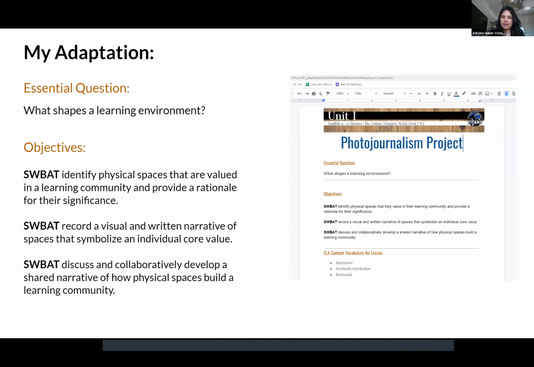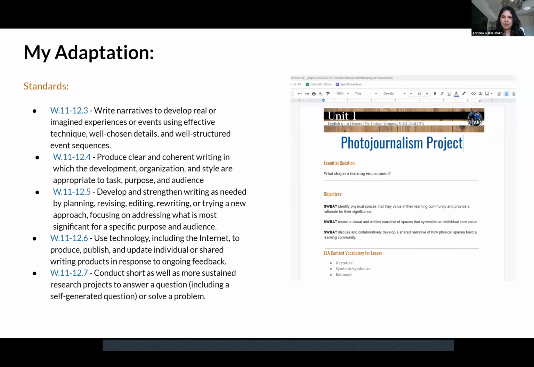So I'll also share that template with you, the one over here on the right, later in the session. But again, I started out with writing standards, mostly around research and simply developing the writing clearly. Given that, again, this was a project at the beginning of the year before we had covered any content or skills.